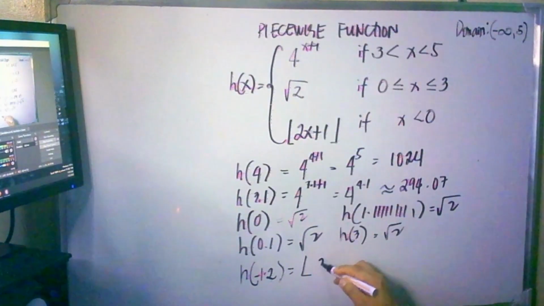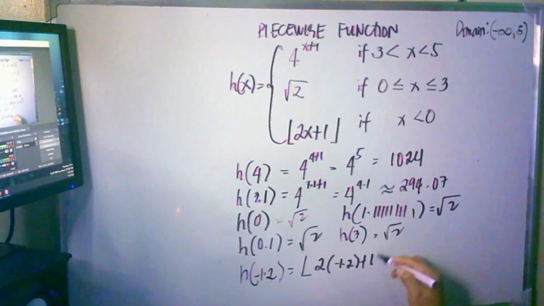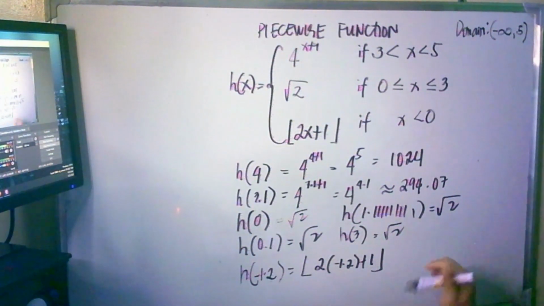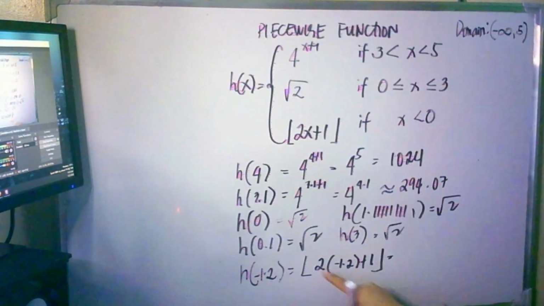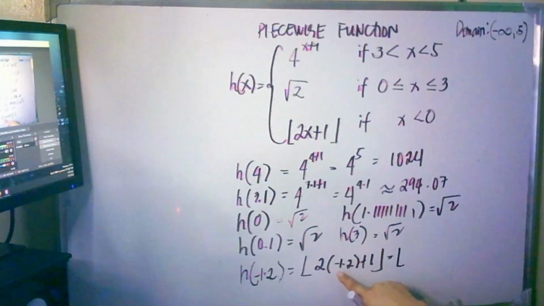We substitute 2 times negative 1.2 plus 1. Minding of course the outer function na floor function. So let us simplify first whatever is inside, and then that's the time after doing that we apply the floor function.